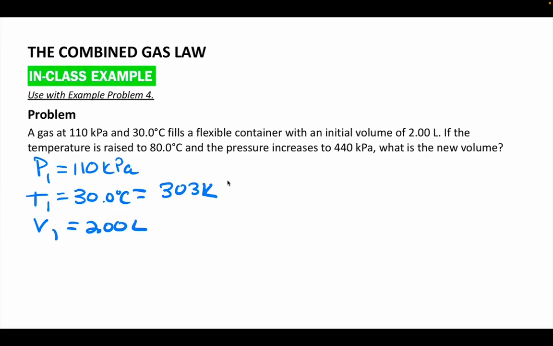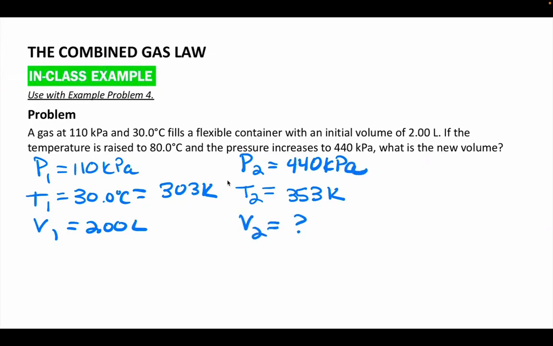Then the temperature is increased to 80, so 80 plus 273 is 353 Kelvin, and the pressure is increased to 440 kilopascals. What is the new volume? Just beware that the two pressures have to be in the same unit. If they're not, convert one of them into the other.